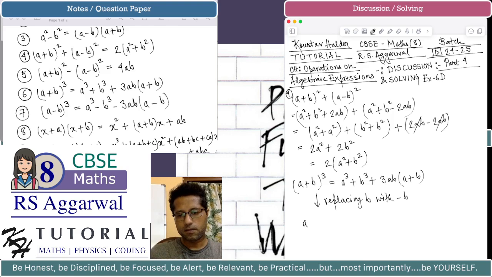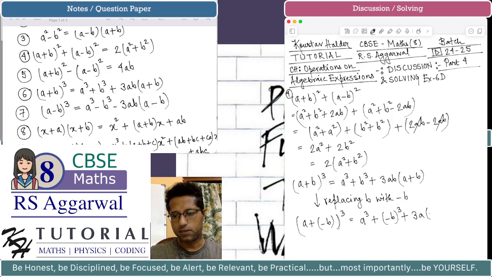A plus minus B whole cube is equal to A cube, and B will become minus B whole cube, and 3AB is minus B and A plus minus B.